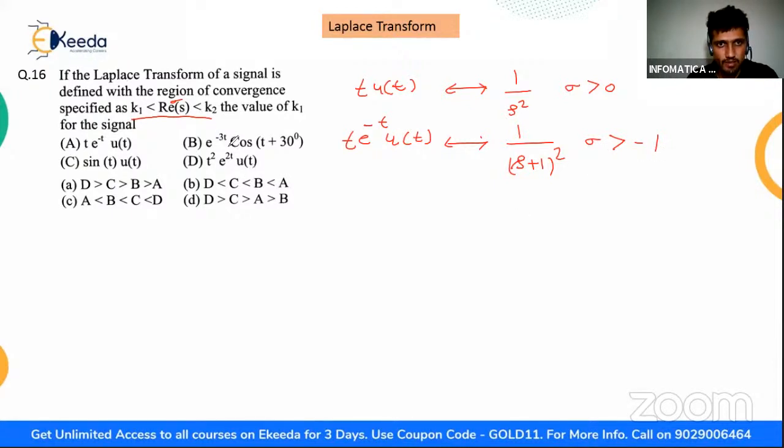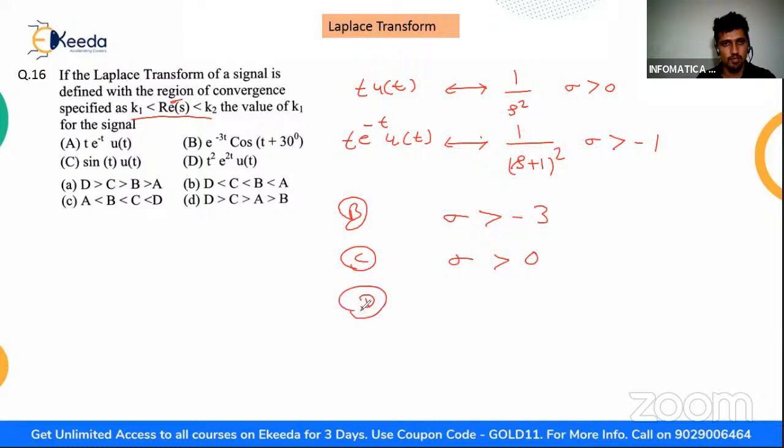Similarly, for cos t, we have s upon s square plus a square. So again shifting is there, e to the power minus 3t. For b, we can similarly say that sigma must be greater than minus 3. And similarly for these signals, for c, sigma must be greater than 0, and for d, sigma must be greater than plus 2.